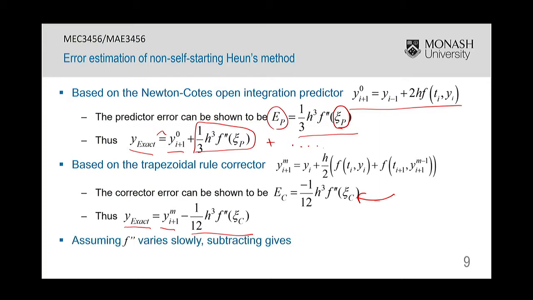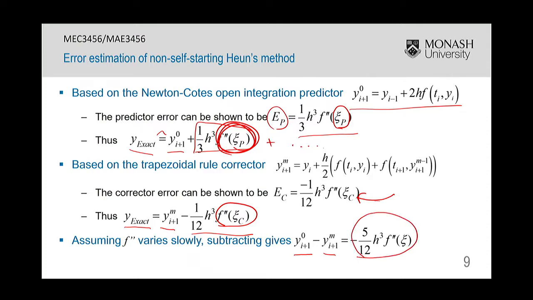Now, assuming that our second derivative varies slowly, in other words, this and this are pretty much the same, we can subtract this to write y_{i+1}^0, that's our predictor, minus y_{i+1}^m, that's our corrector, is equal to minus 5/12 h cubed f double dashed at some value of psi, which is inside the interval.